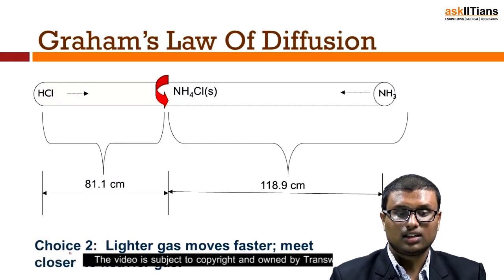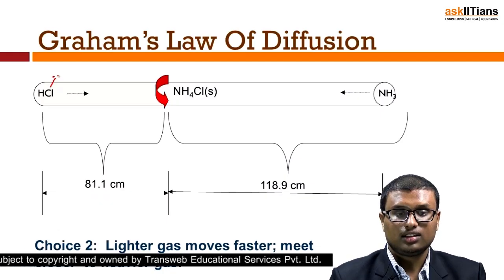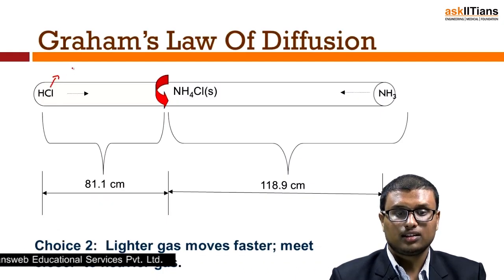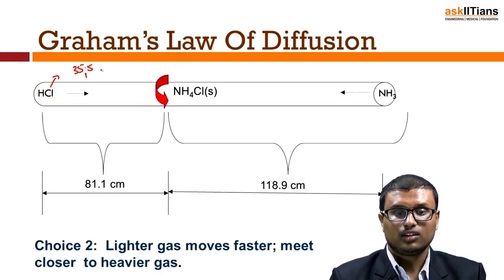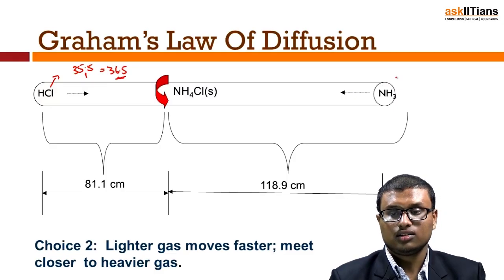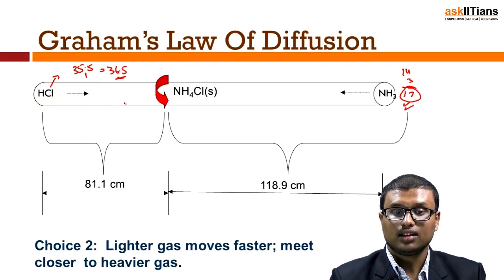Here you have to understand the same concept. What is the mass of HCl? HCl molecular mass is 35.5 plus 1 for hydrogen, which is 36.5. Ammonia gas is just 14 plus 3, which is 17. So obviously this gas will be moving faster. So this gas's speed is higher than the other gas.